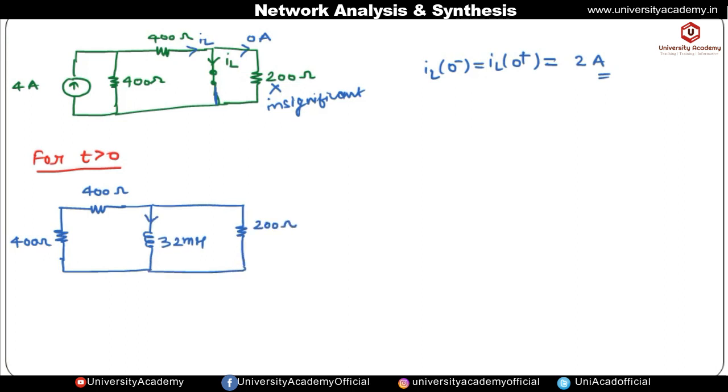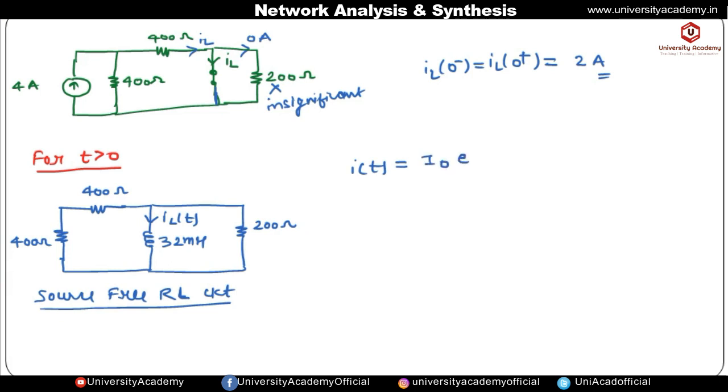The current flowing through this inductor is given by I L of t, and we have to find out this expression. Now this is a source free RL circuit, as no source is present in this circuit for t greater than 0.